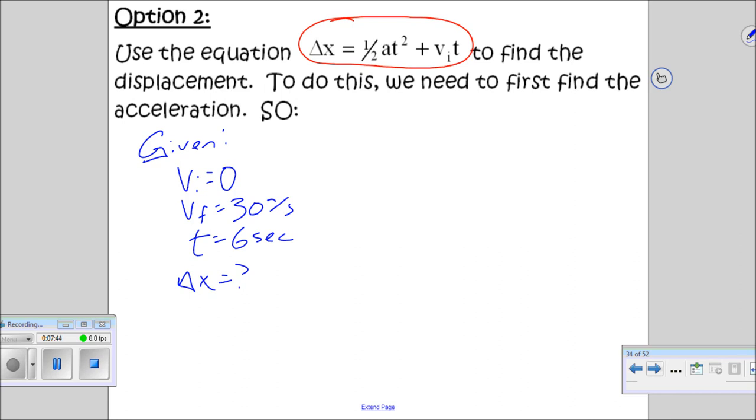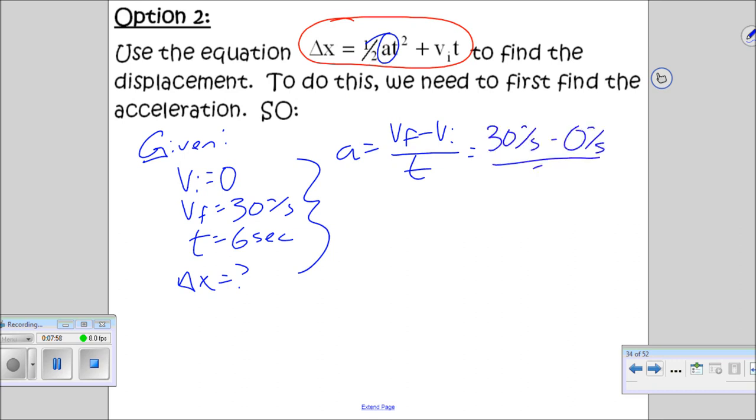To use this equation, I need to know my acceleration. So let's find it. Vf is 30 meters a second, Vi was 0, time is 6 seconds, divide it all out, and you get 5 meters per second squared.